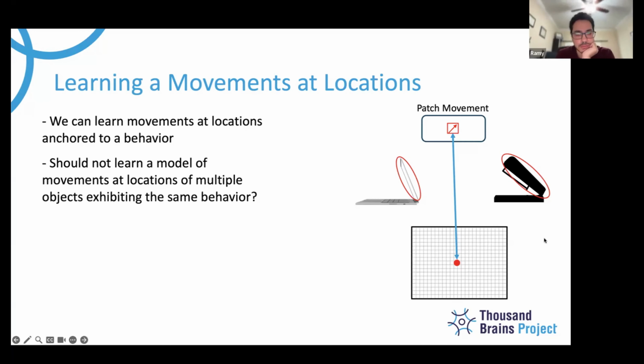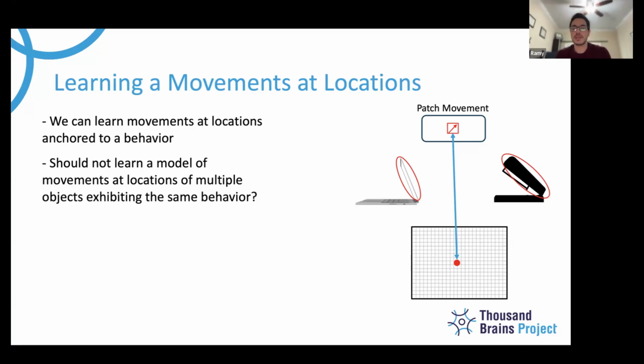But it also hints at how I'm thinking about these locations, because I think they are somehow associatively linked to physical locations on different objects that have different morphologies. A laptop top is different from a stapler top. So in my thinking, a location in the behavior reference frame needs to be associatively linked to different physical 3D locations that describe different objects, such that it can apply these movements on them at the same time.